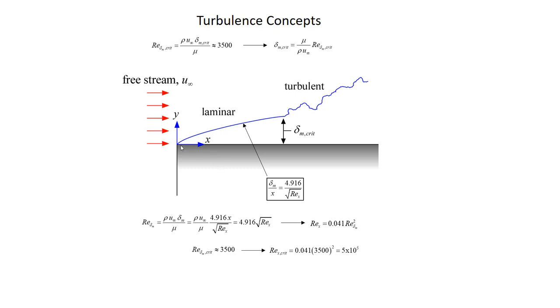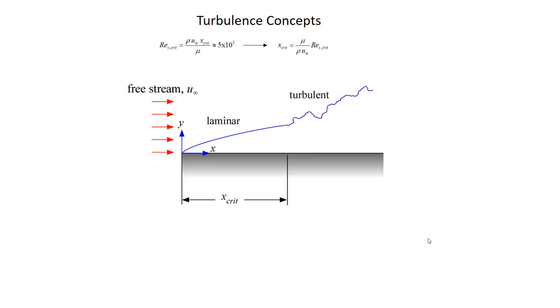So the critical value of the Reynolds number based on x would be 5 times 10 to the 5. This is going to give me then a critical x position at which I become turbulent, which I can solve for. So, however you want to think about it, there is a spot on this plate where I'm going to go from laminar to turbulence.